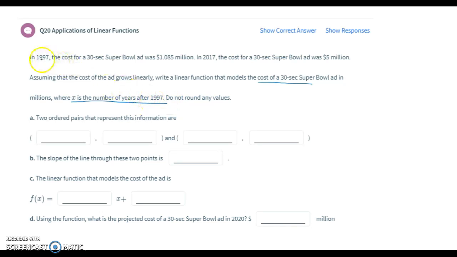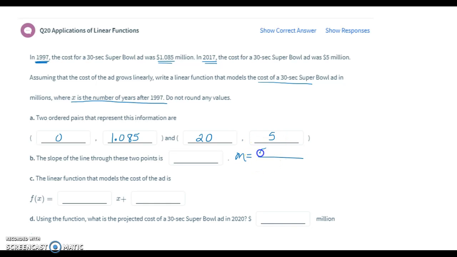So again, we were told two pieces of information. In 1997, the cost was 1.085 million. For the year, we're going to put 0 because 1997 is 0 years after 1997. The year 2017 is 20 years after 1997, and the cost of the ad there was $5 million. To find the slope, we do the change in y divided by the change in x.